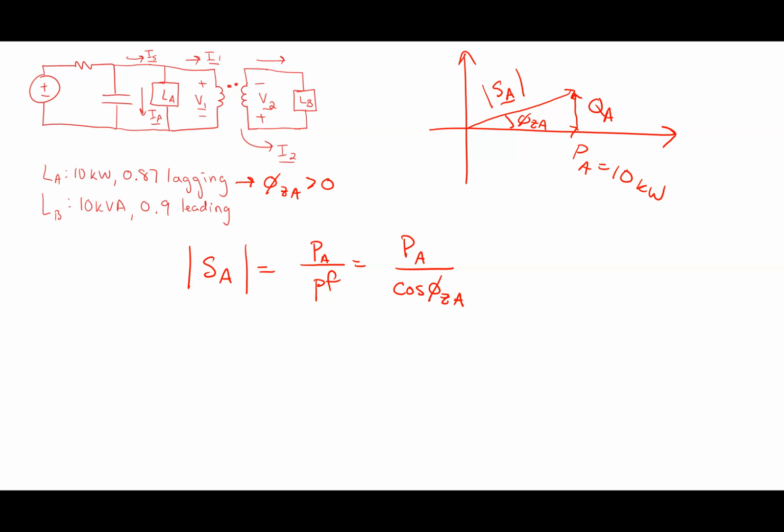If I did this with the 0.87, sorry, no, 10,000 is the real part. This ends up being 11.494. And what units do I give it? kVA.